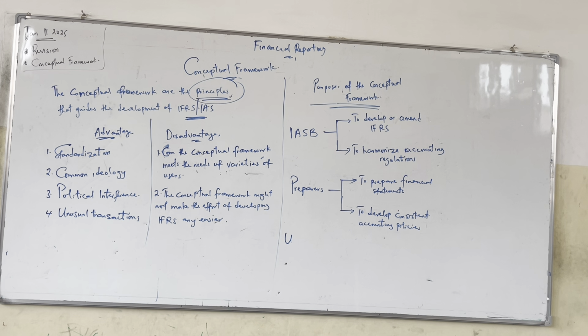Another one: even if you want to depreciate this asset, which method of depreciation are you going to use? Straight line method, or reducing balance method? All of these are from the IFRS, but IFRS is principle based. It will not tell you exactly what you need to do. You are the one that will make a choice.